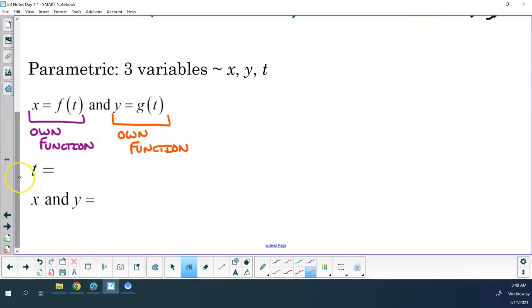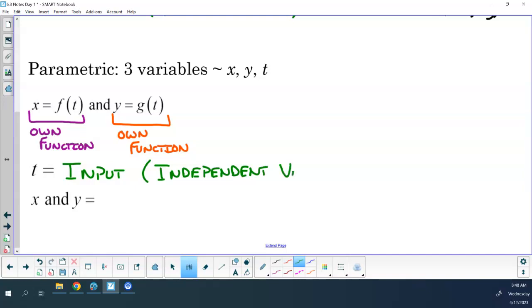So then, now, t becomes your input, your independent variable. X and y, both of them now are your output.